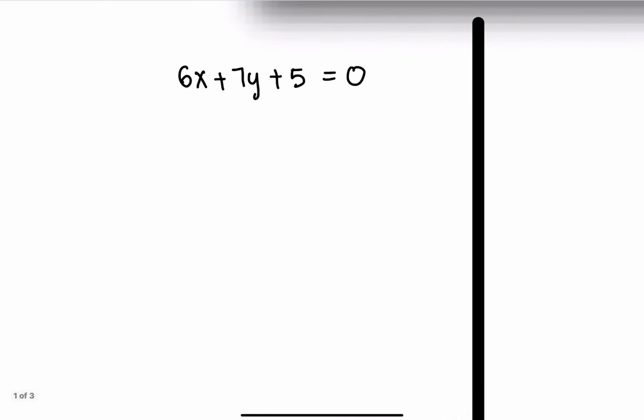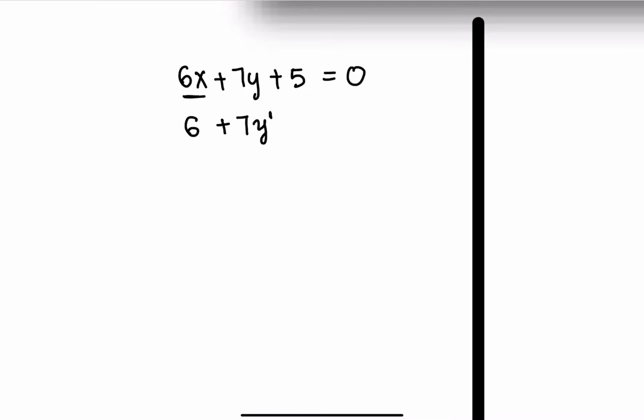So if I start differentiating it, this is called implicit differentiation. Derivative of 6x is 6 plus derivative of 7y is 7. But remember, you're differentiating y with respect to x, so you have that y prime. Or you can even say dy by dx.